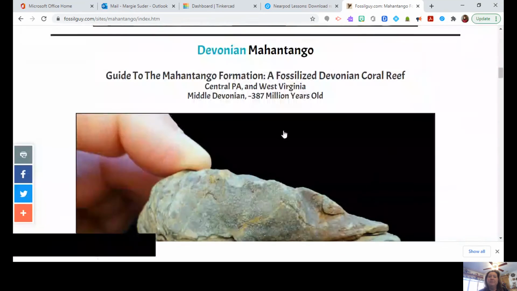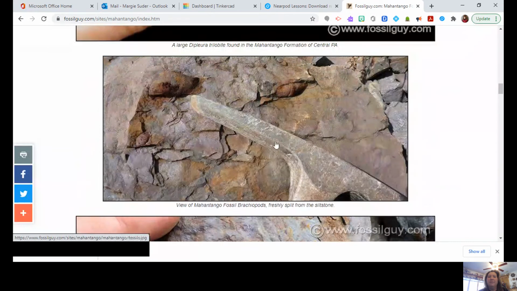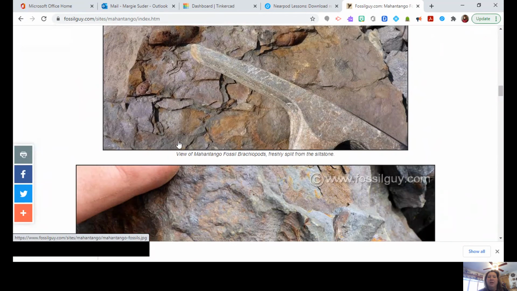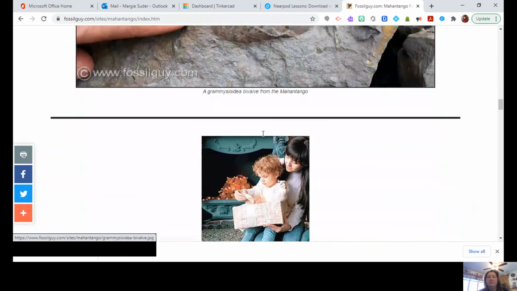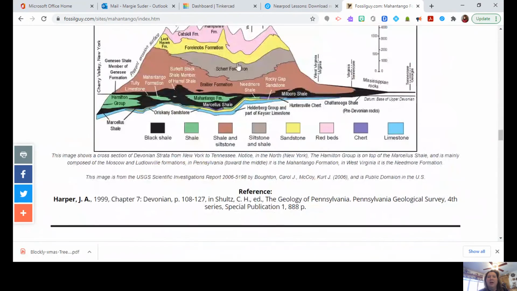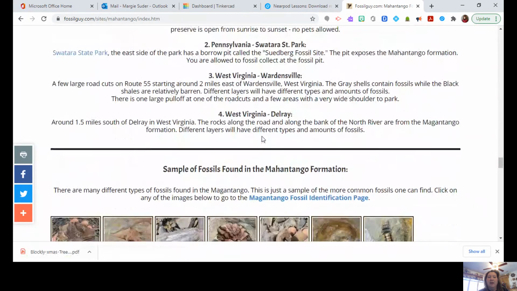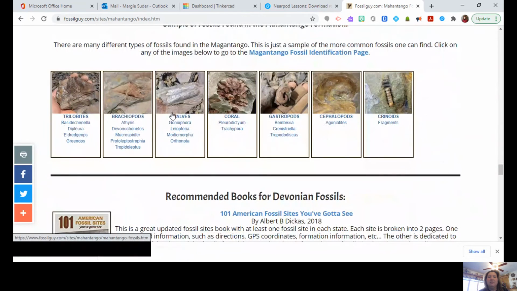Go back here to the fossils. Here's one. Here's one. You can see one here. Here's a close look at the fossil. And then if you go down a little further, you can see the area, the formation. And then it's going to talk a lot about the fossils in the area. So here's a bunch of fossils you would find in that area.